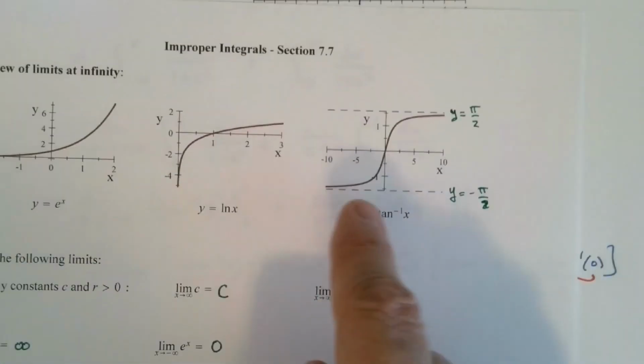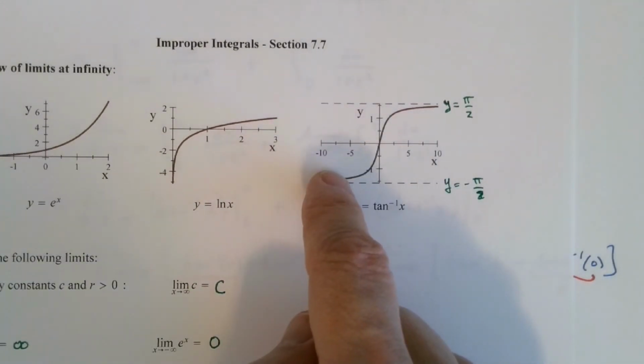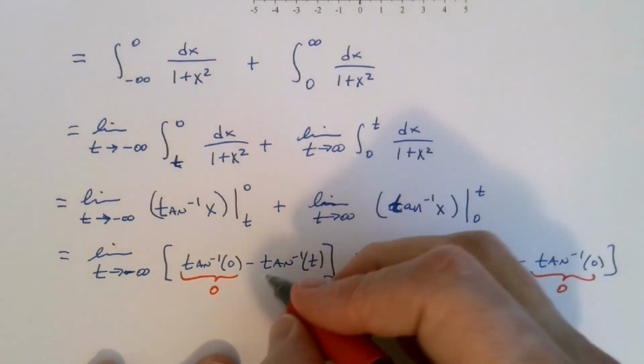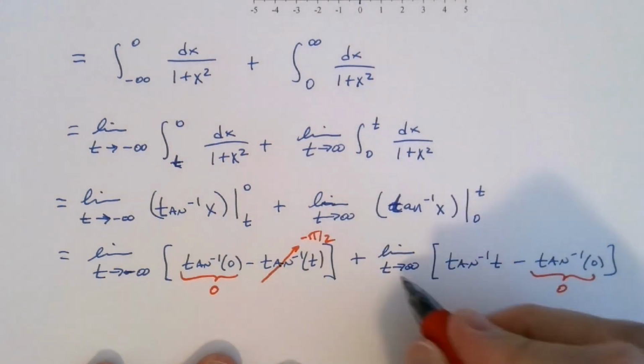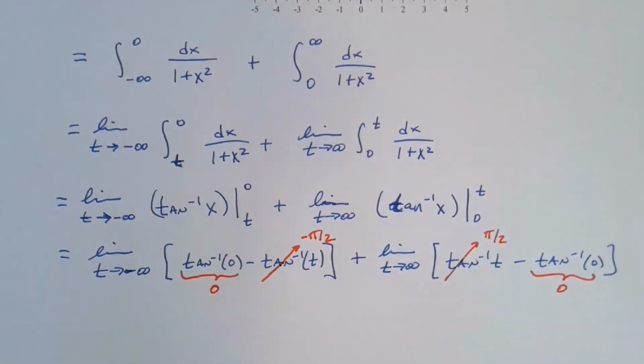Here's the graph: pi halves this way, negative pi halves this way. And so as t goes to negative infinity, this thing here goes to negative pi over 2. And as t goes to infinity, this thing here goes to pi over 2.